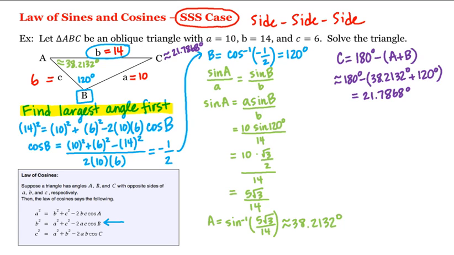Now looking over here on the left, you might be wondering why we started off by finding the largest angle first. So let's say that instead of solving for the largest angle B first, we decided to solve for A first. So we'd be using this first formula down here.